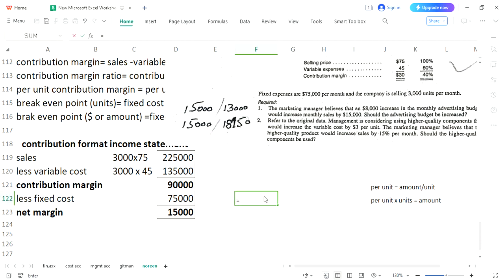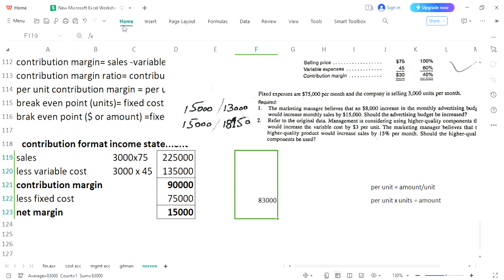The initial expense was 75,000 and now 8,000, the budget of 8,000, would also be included in this fixed expense. Advertising budget 8,000 per month means after every month you will be spending 8,000. So your fixed expenses will increase from 75,000, and when you add 8,000, your fixed expenses will become 83,000. This is your first portion to be sorted out.